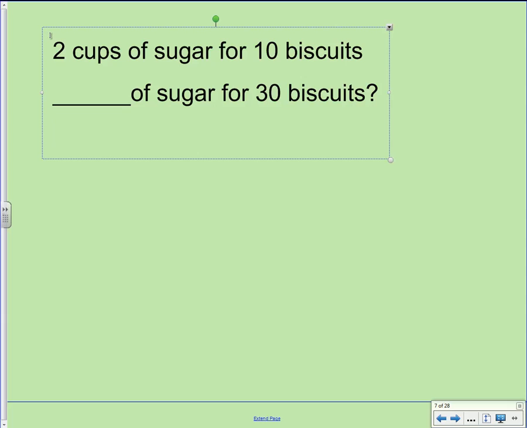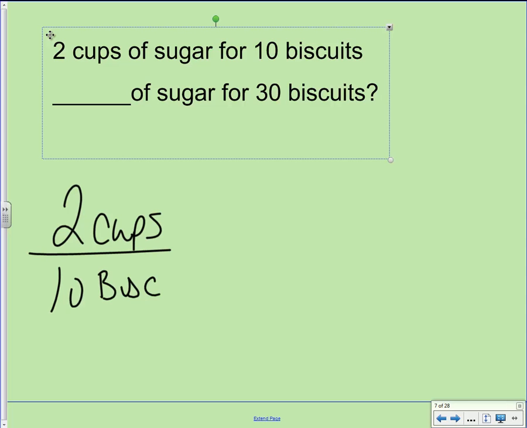All right, so we're setting up a proportion. The first one I know: it's 2 cups for 10 biscuits, is equal to, I don't know how many cups of sugar for 30 biscuits.